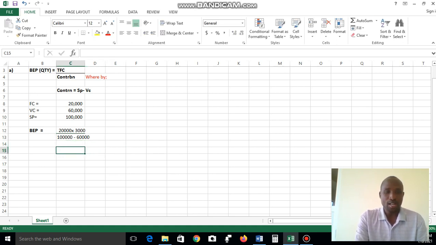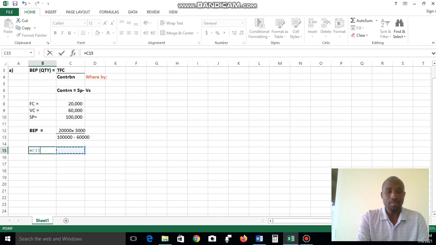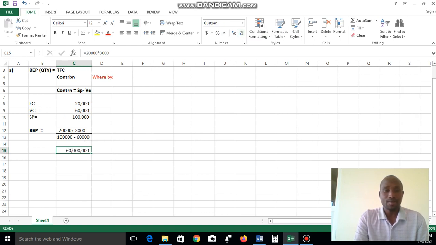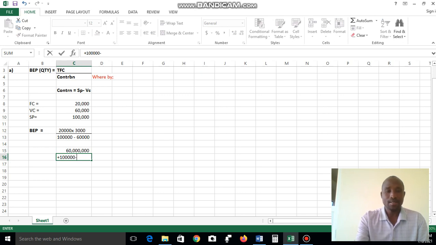So now our break-even point is equivalent to 20,000 times the 3,000, which gives you 60 million, over 100,000 minus 60,000, which gives you 40,000.